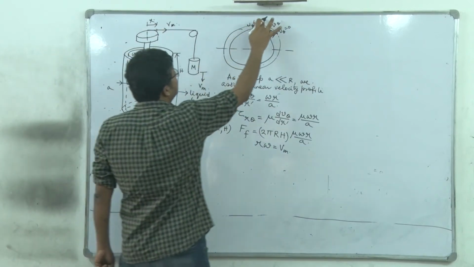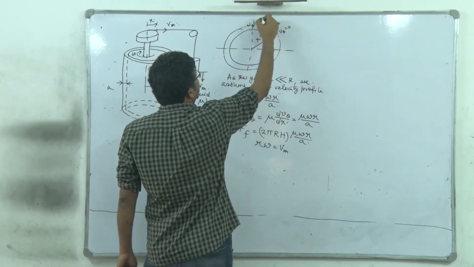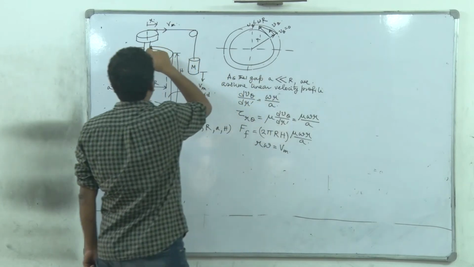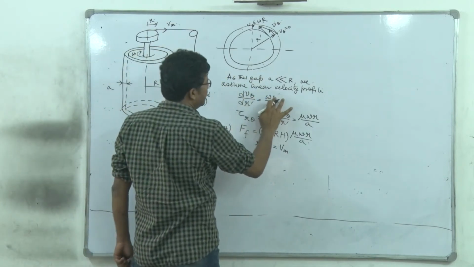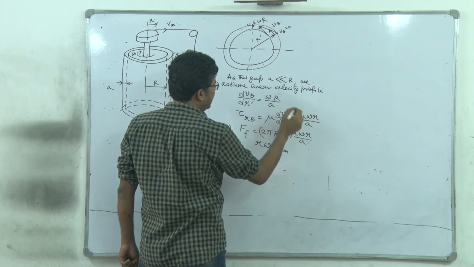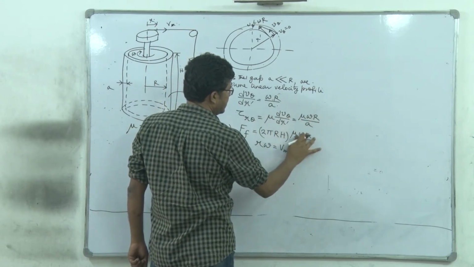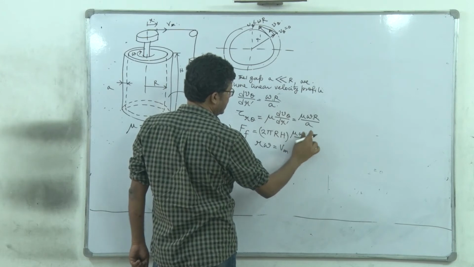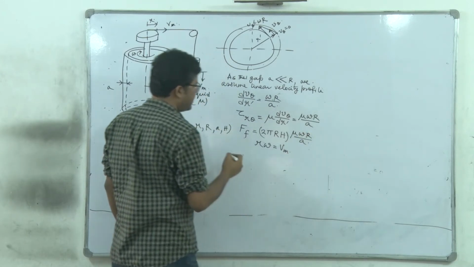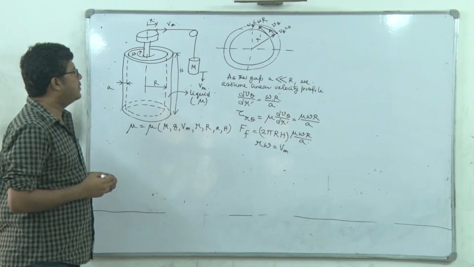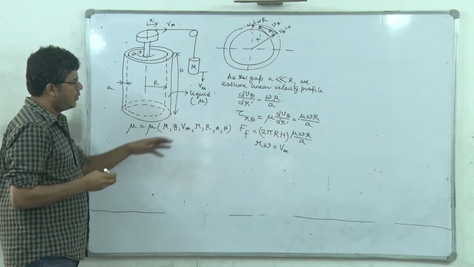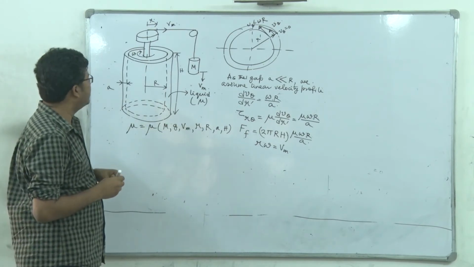Oh sorry, here it should be capital R. I made a mistake because this radius is capital R. So we have got the expression for Vm.